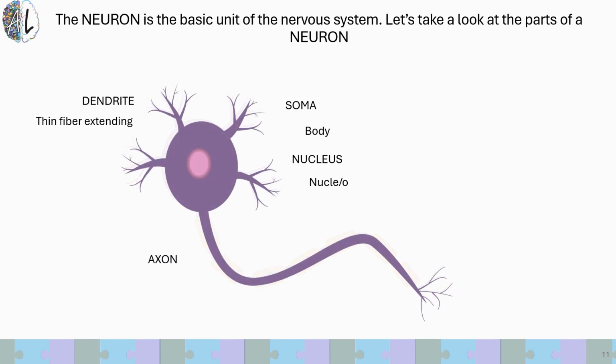Okay, next up, we have this long tail portion, and I've removed those little yellow overlays for a second. We're going to talk about those in a minute. But one of the extensions off of that body or that soma is going to be extremely long. We often refer to it as being almost tail-like. And so that one that is extremely long is referred to as the axon. The end of that axon has some very small branches.